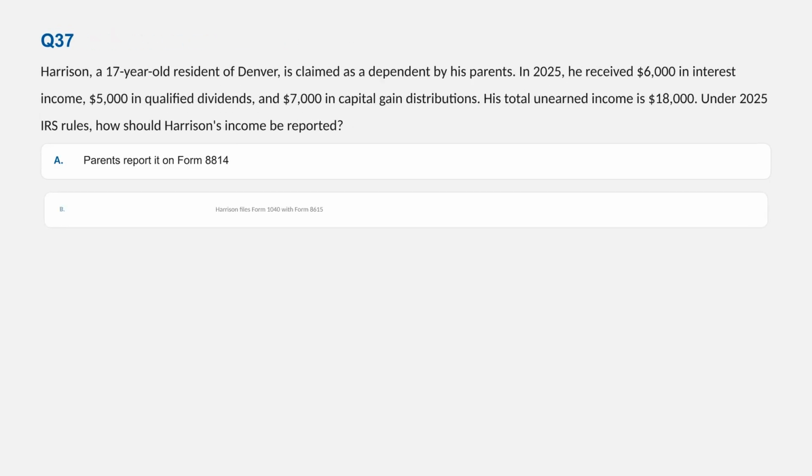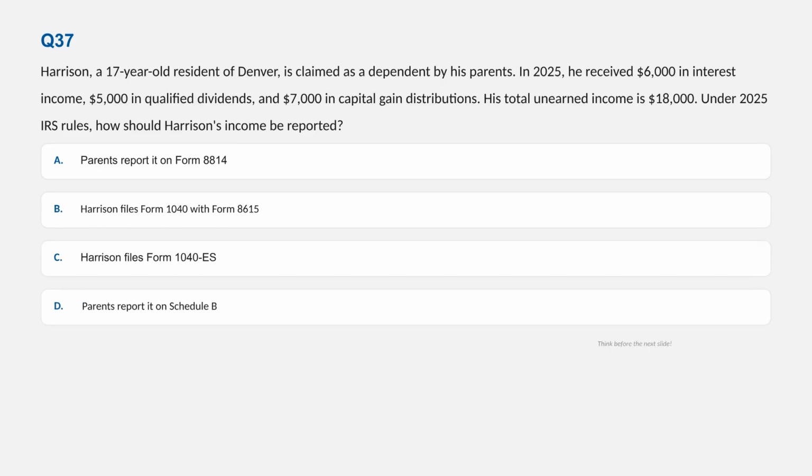Alright, let's move to question 37. Harrison, a 17-year-old resident of Denver, is claimed as a dependent by his parents. In 2025, he received $6,000 in interest income, $5,000 in qualified dividends, and $7,000 in capital gain distributions.